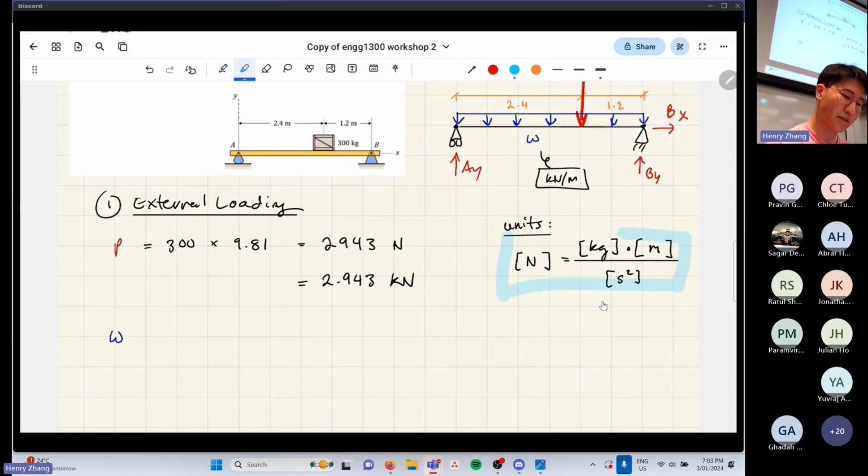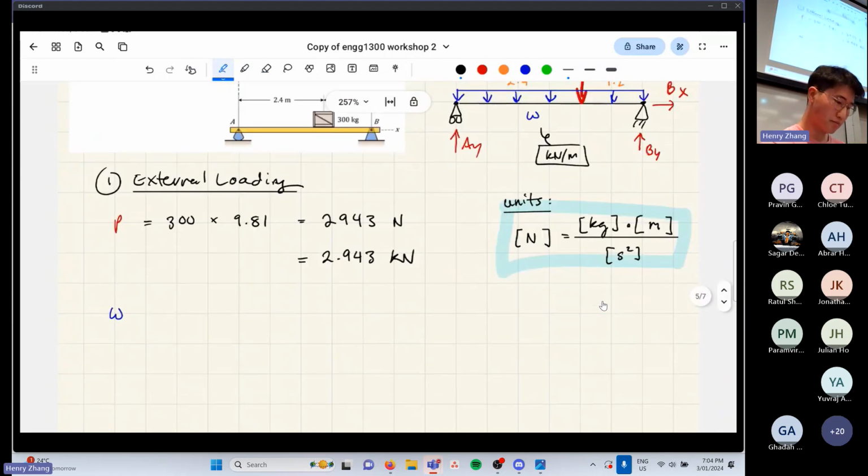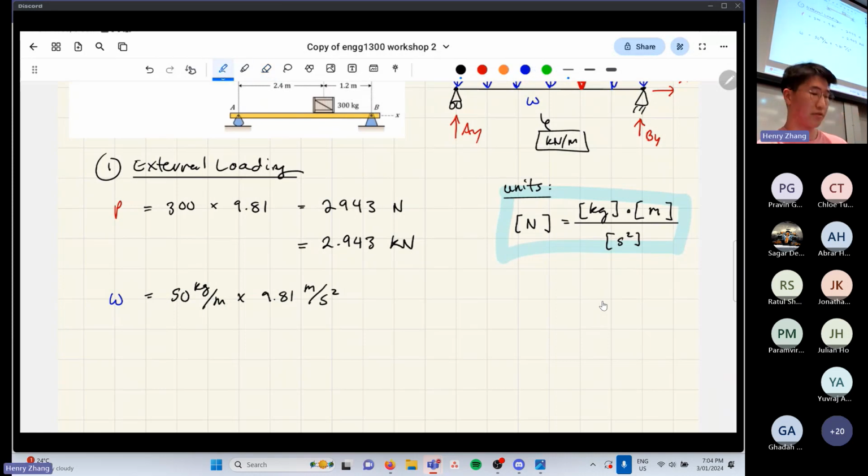Let's keep that in mind for this bit, because how the question's worded and why we need a uniformly distributed load to begin with is because it says that the beam has a mass of 50 kilograms per meter of length. Okay. So what that's going to look like when we calculate it is 50 kilograms per meter, right? Multiplied by 9.81 meters per second squared, right? That's the acceleration part.